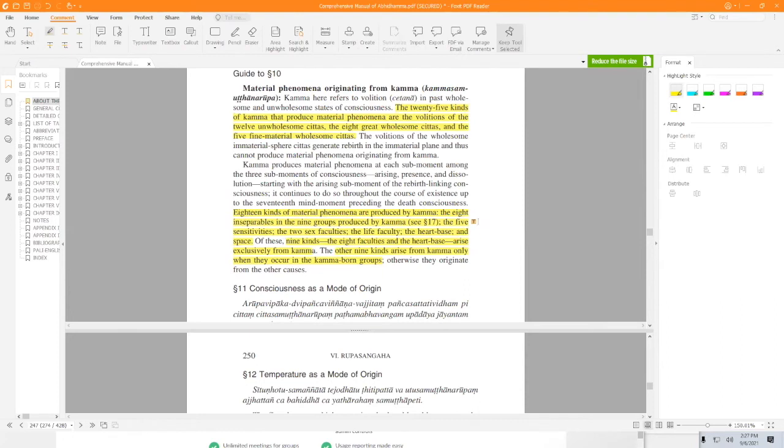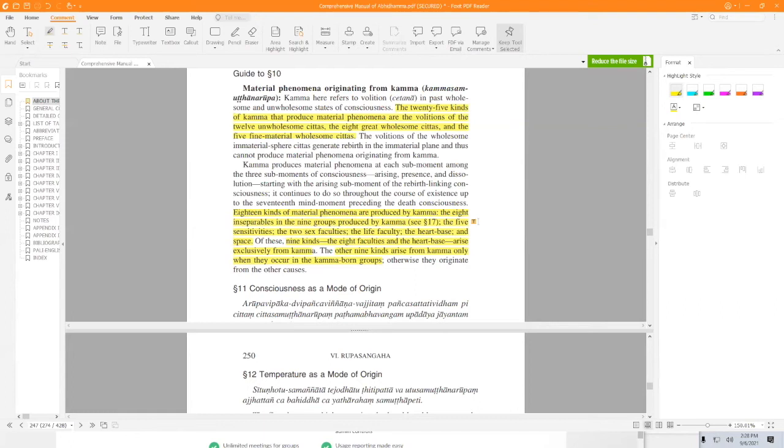And then the material groups always have some color or visible form. They always have some odor, though we might not smell it, but at some level they would give off some odor. They have some taste.